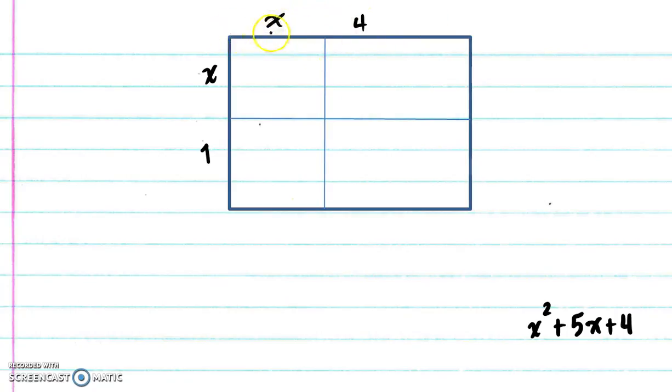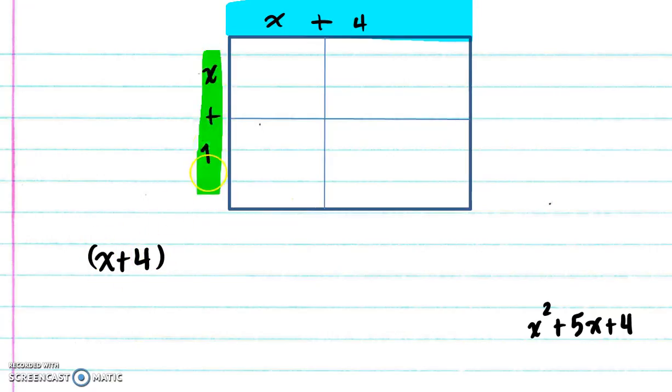If the length of this square is x, and then I have 4 more added to it, that's x plus 4, not 4x. The same down here, the width of this larger rectangle is x plus 1. To find the area of the larger rectangle, you would take the length, x plus 4, and multiply it by the width, x plus 1.